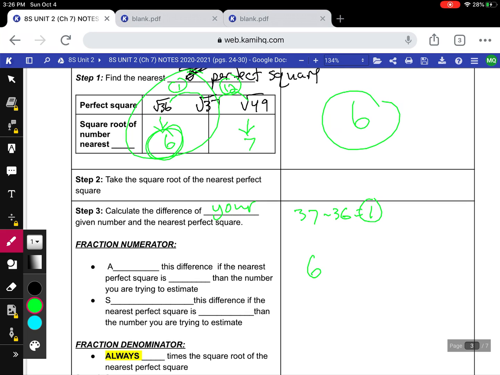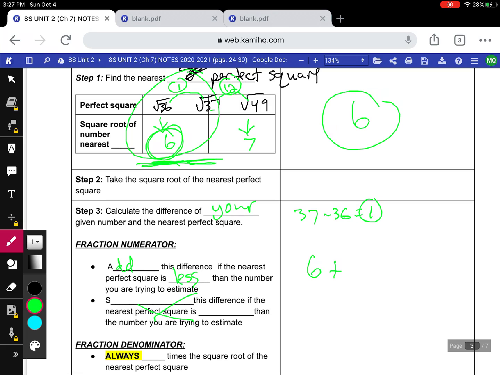Okay, so we take what we're starting with, 6. We're closest to that. We know if we look over here, the square root of 37 is a little bit bigger. So we want to add a little bit more to 6. So I'm going to add. If you want to think of it this way, it's add this difference if the nearest perfect square is less than the number you were trying to estimate, okay?